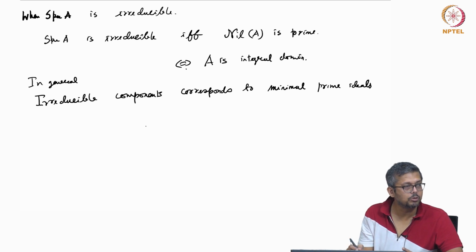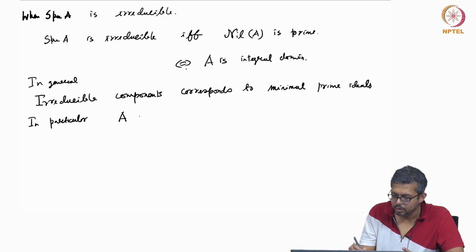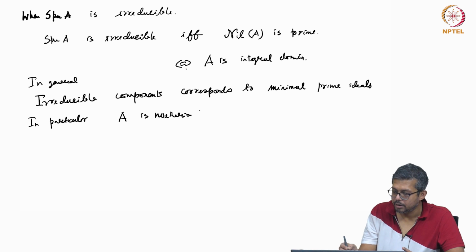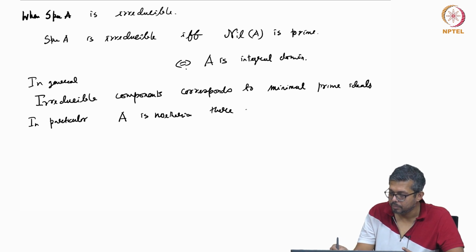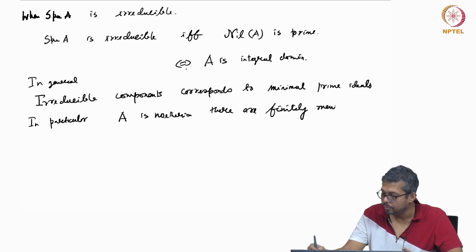So there are finitely many such components if A is a Noetherian ring. In particular, when A is Noetherian, there are finitely many irreducible components.